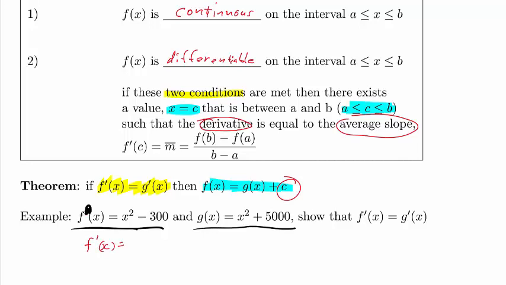And so when we calculate f prime, that is 2x. And then g prime of x also equals 2x. So note that these two functions up here, the difference between them is only a constant.